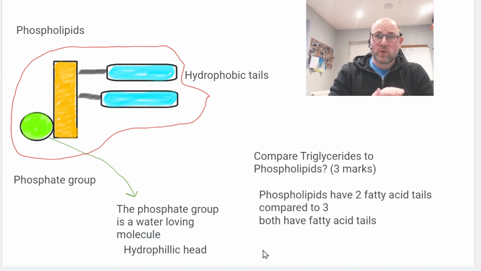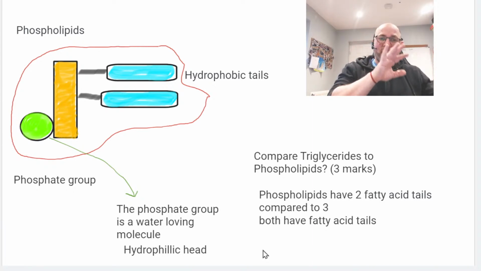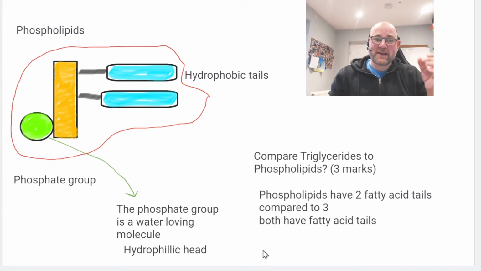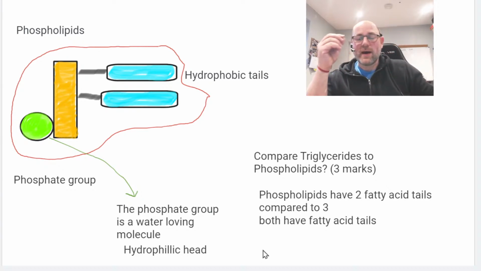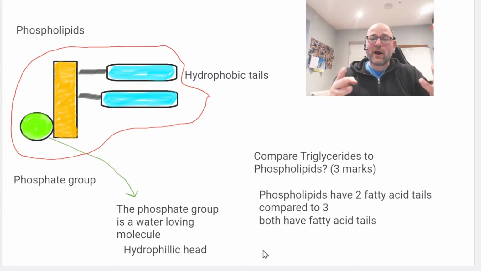Triglycerides just don't like water. Olive oil, coconut oil, all of those don't like water. However, phospholipids are slightly different. They have a water-loving bit and a water-hating bit, okay? And this really helps them with their function.